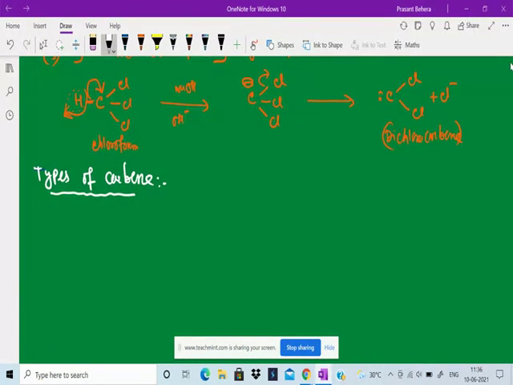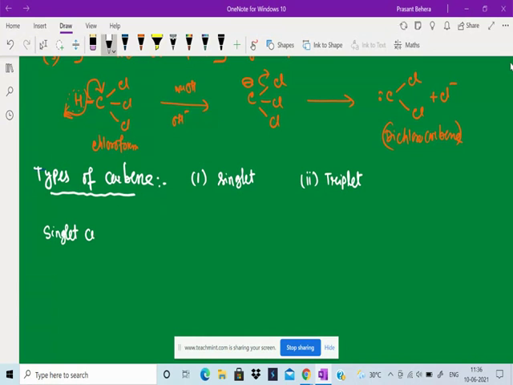Carbene is of two types: one is singlet carbene, another is triplet. So let's discuss the singlet.